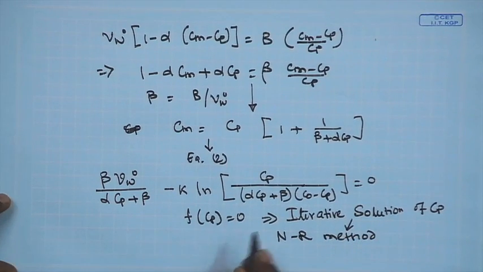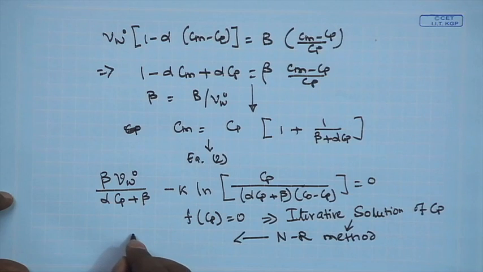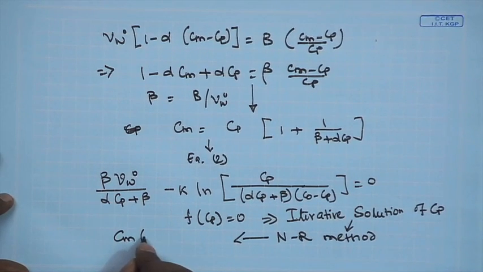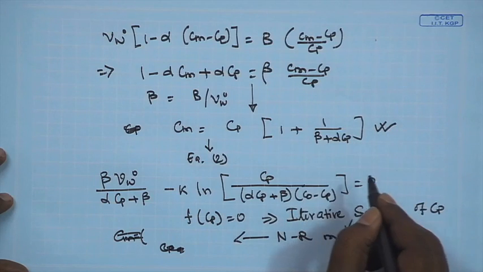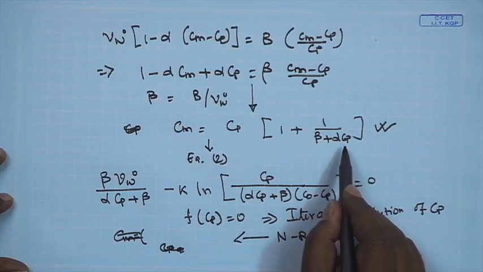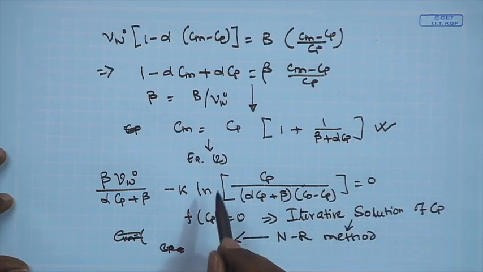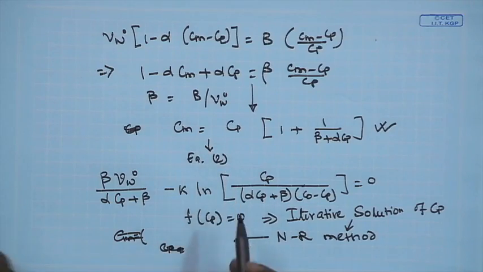Once you get the value of Cp, you will be getting the value of Cm from this equation, because Cp you have already estimated. Once you know the value of Cp and Cm, then one can go through the film theory equation and get the expression of permeate flux.